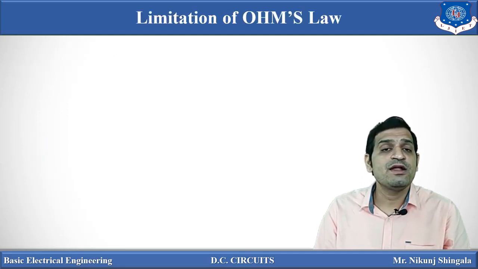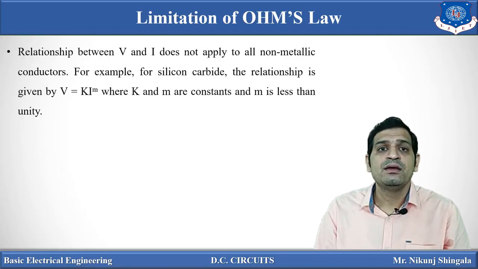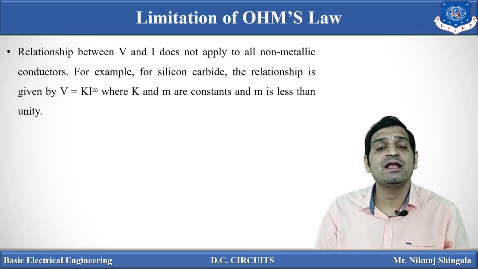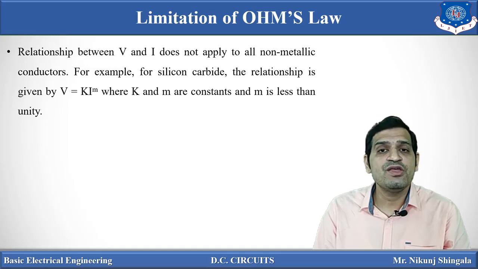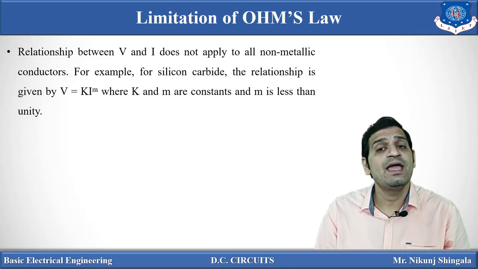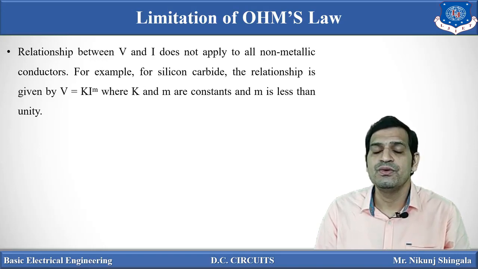Now, Ohm's law has certain limitations. It cannot be applied to every element. The relationship between voltage and current does not apply to non-metallic conductors like silicon carbide, because the relationship between voltage and current for silicon carbide is given by V is equal to K into I raised to M, where K and M are constants and M is less than unity.